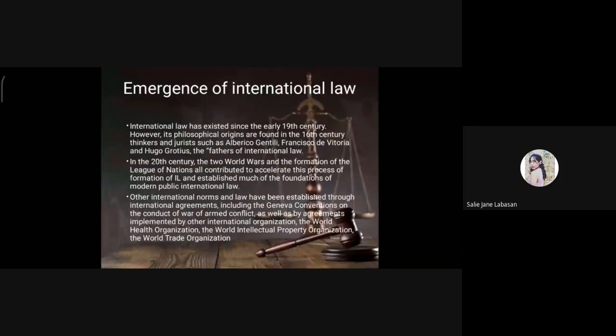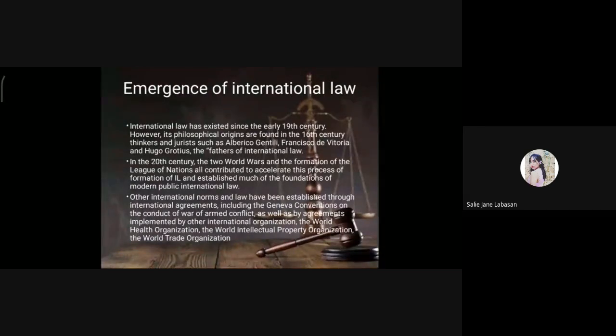In 1625, his famous work, De Jure Belli ac Pacis. In English, it is known as On the Law of War and Peace, and he introduced the concept of law which is binding on states, and he also formulated the law of peace which became the basis of his whole system.